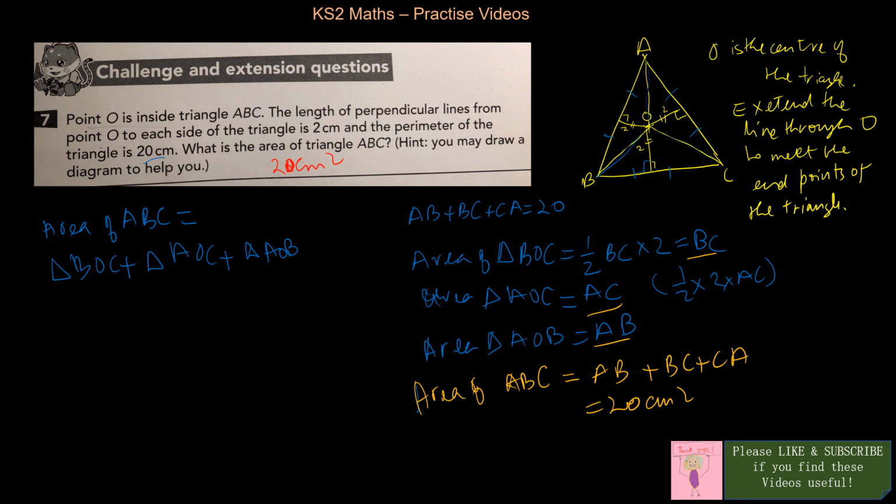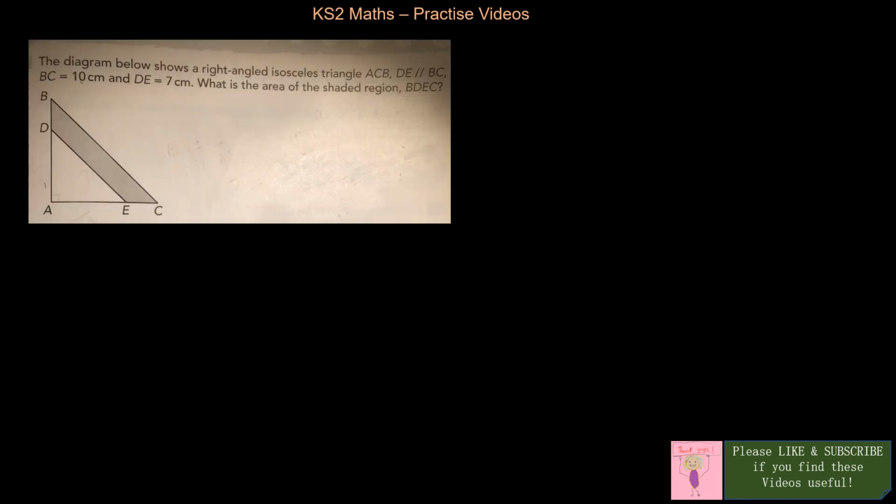Okay, so that completes this. The next one: the diagram below shows a right angle isosceles triangle ACB. DE is parallel to BC and DE is equal to 7 centimeters. What is the area of the shaded region BDEC?